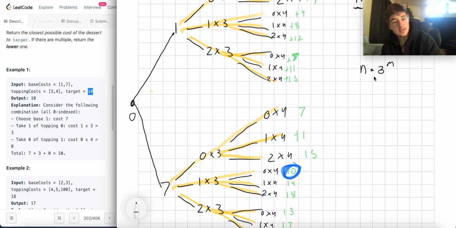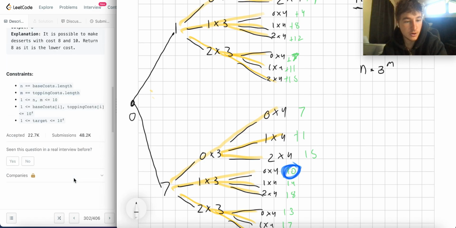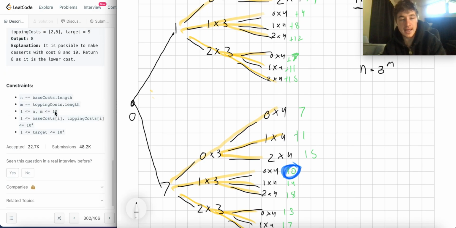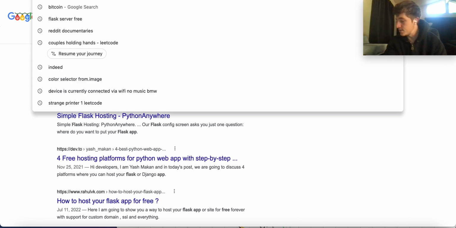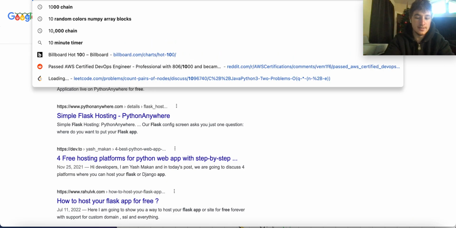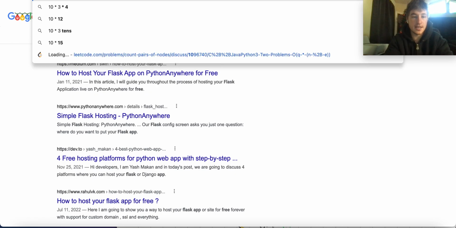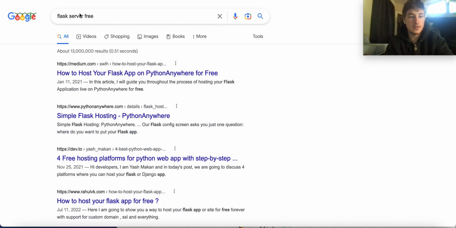So, yep, that's exactly how this problem works. And then N times 3 to the M, well, N is less than or equal to 10, M is less than or equal to 10. So what is 10 times 3 to the 10? This, right?